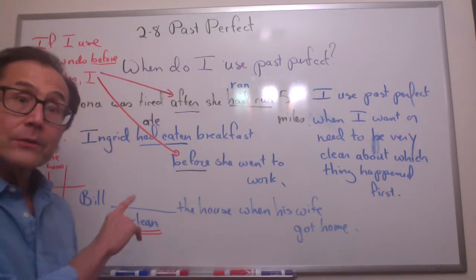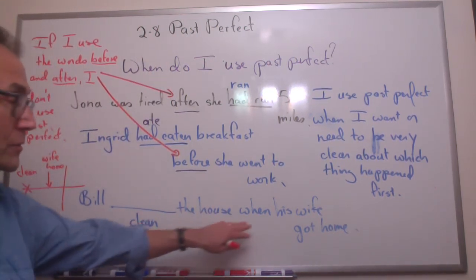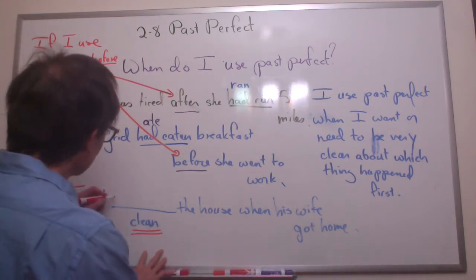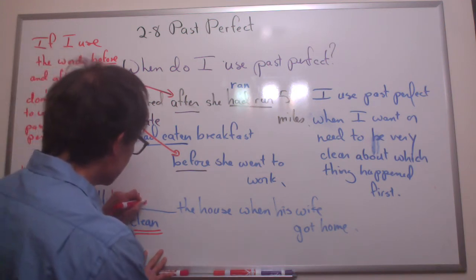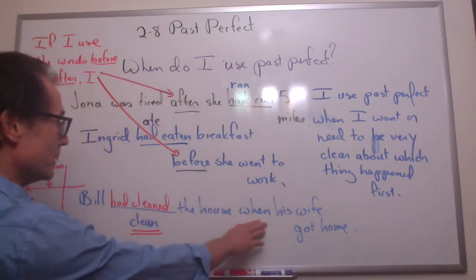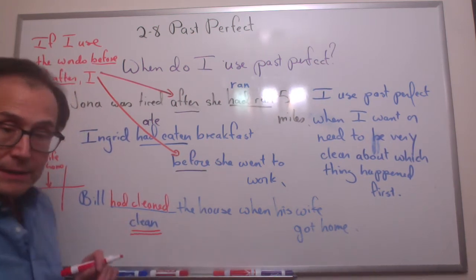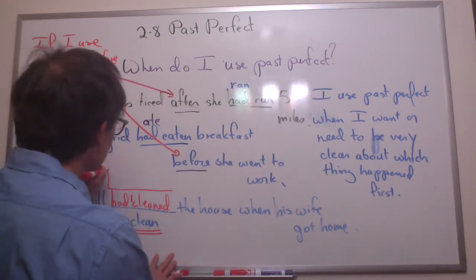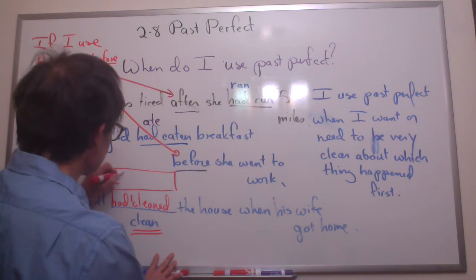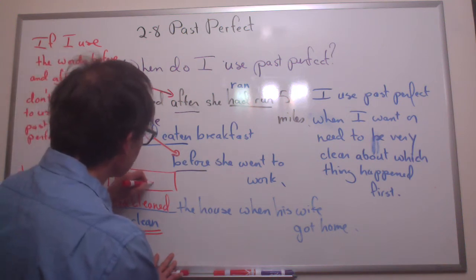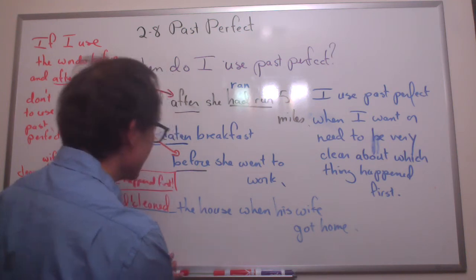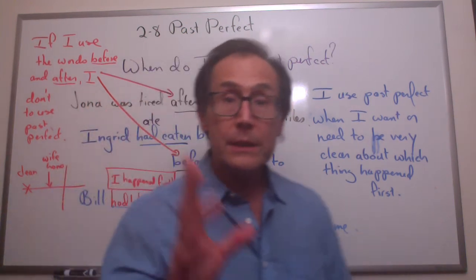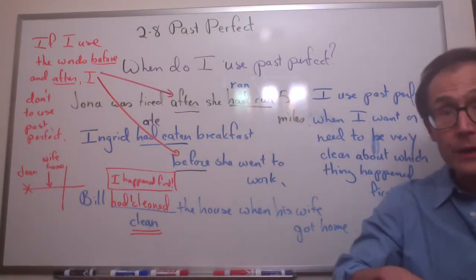The way I can show that Bill cleaned the house when his wife got home is I can use past perfect. I could say, Bill had cleaned the house when his wife got home. And then an English speaker sees this and knows, oh, past perfect happens first. It's like a sign that says, I happened first. So when an English speaker hears this, they know, oh, Bill cleaned the house before his wife got home.